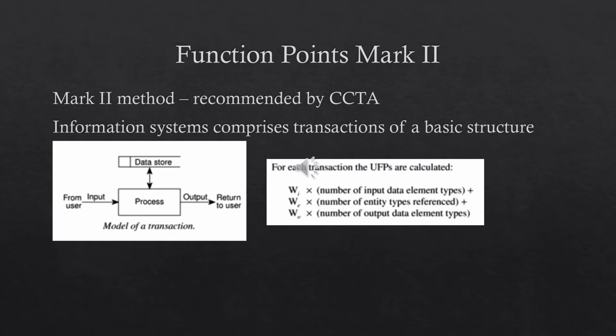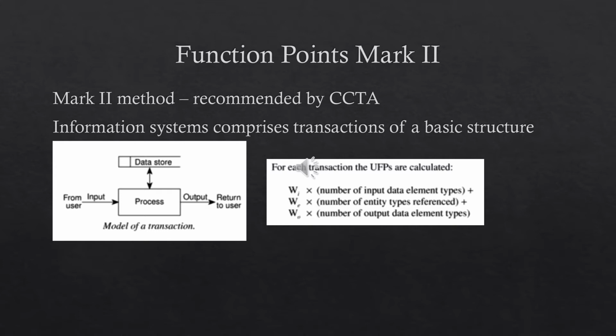WI, WE and WO are weightings, and they are derived by asking the software developers, the ones who develop the system, the proportion of effort spent in previous projects or previous software developing the code dealing respectively with input, accessing and modifying stored data, and processing outputs.